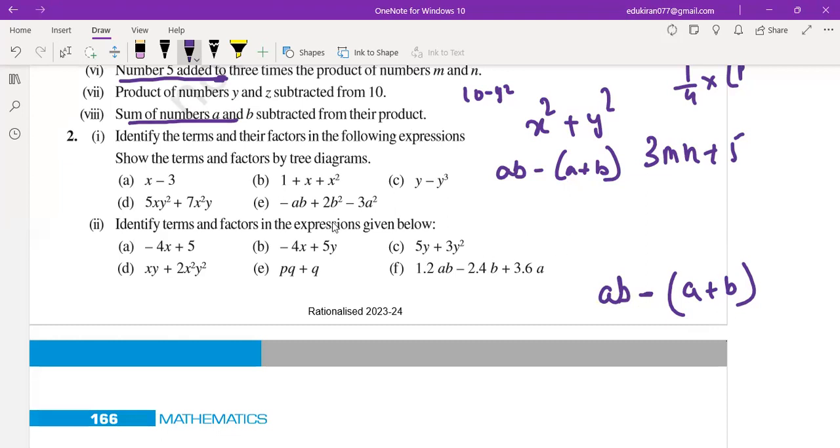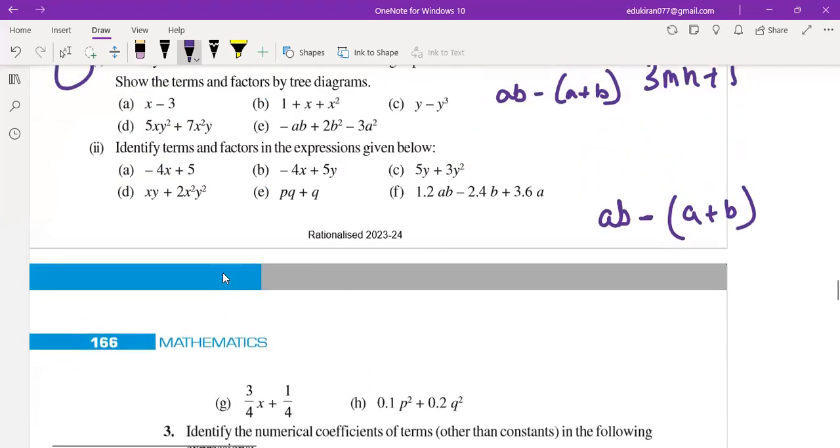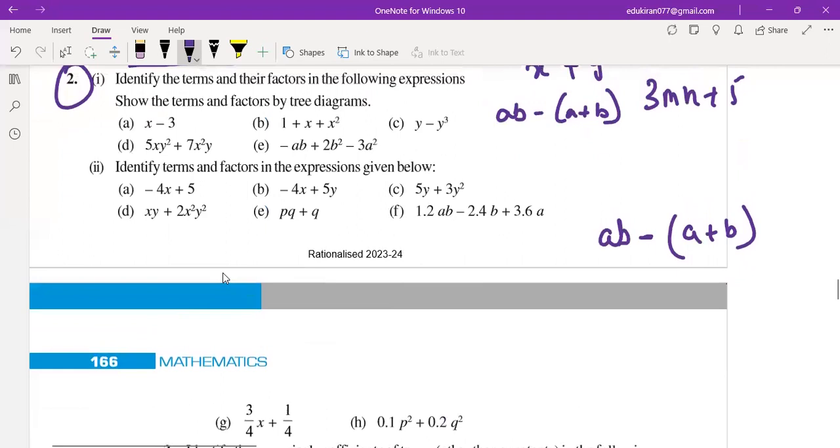Fine. Okay, now quickly do the second one. First part, second part. Right, I'll scroll it after that. I think you can see. Yes, quickly do it.